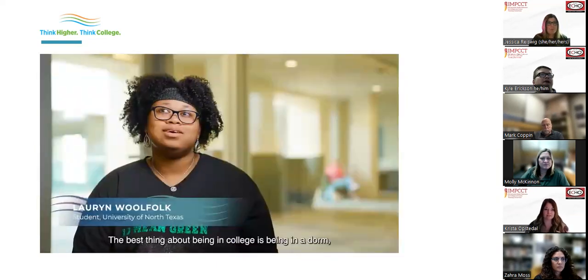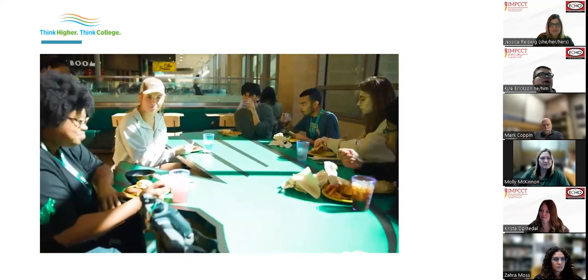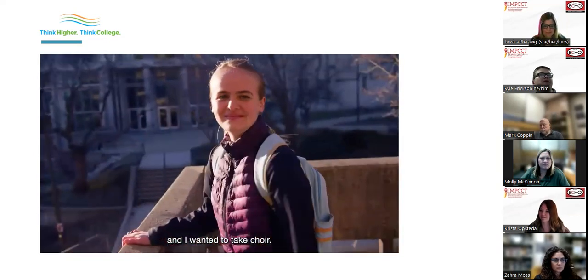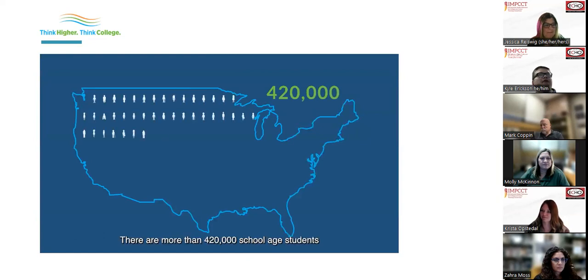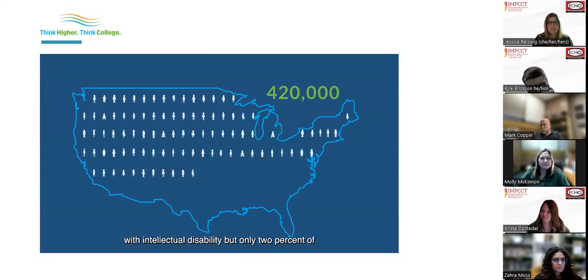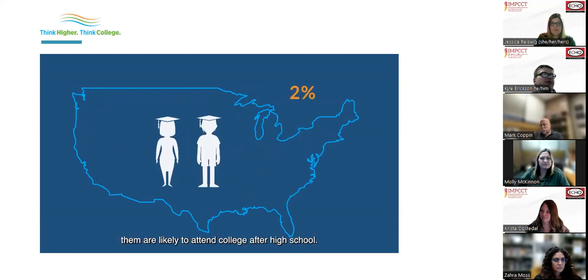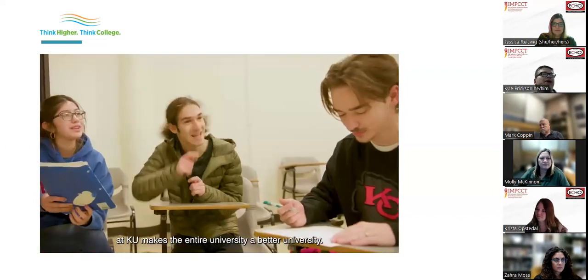The best thing about being in college is being in a dorm, getting to meet new people. I wanted to come to KU because of the classes and I wanted to take choir. There are more than 420,000 school-age students with intellectual disability, but only 2% of them are likely to attend college after high school. Including students with intellectual disabilities at KU makes the entire university a better university.